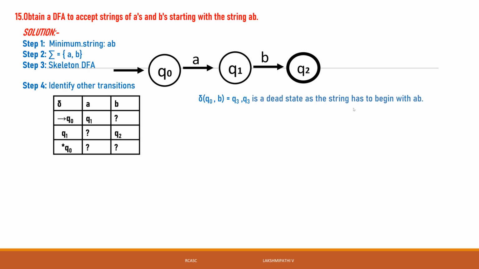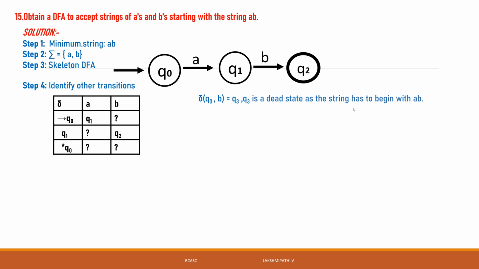Q0 of B should be Q3, because Q3 is a dead state, as the string has to begin with AB. We can start with AB only, and end with anything.